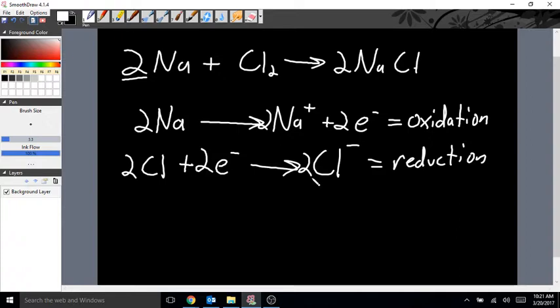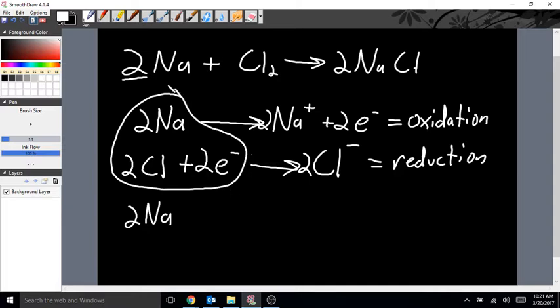All right. So then one of the next things we could do is combine this step with all of this. So let's start over here. We have 2Na plus 2Cl plus 2e negative.